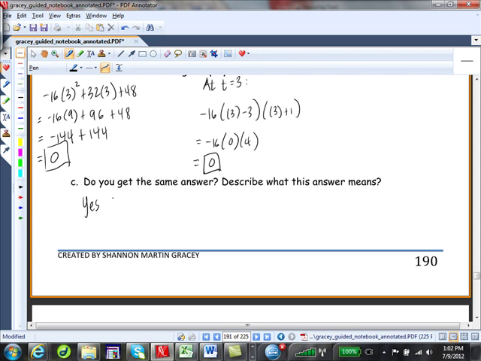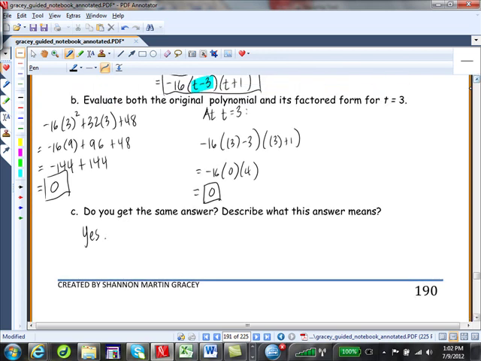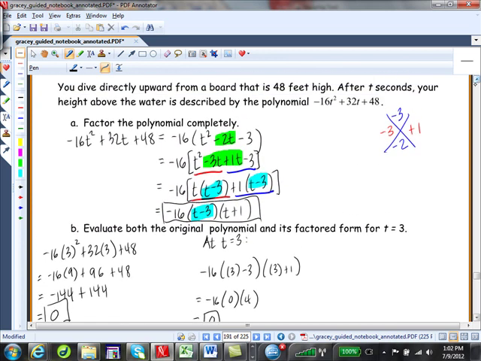Now what does this answer mean? Right? If you take a look, again, you're diving upward from a board that is 48 feet high. So t was in seconds, and you're talking about height above the water. So it's a cool kind of parabolic arc. And this is a good time. It's summertime, so the people are going in their swimming pools.